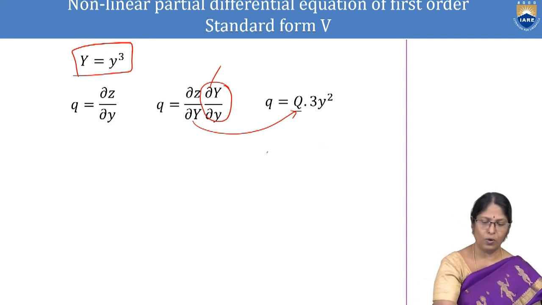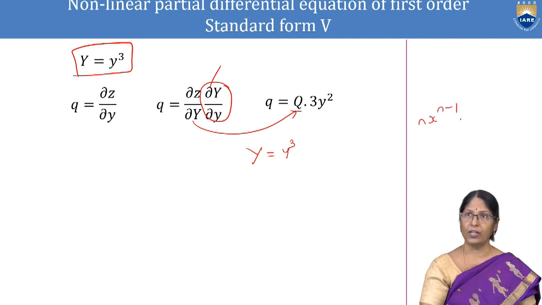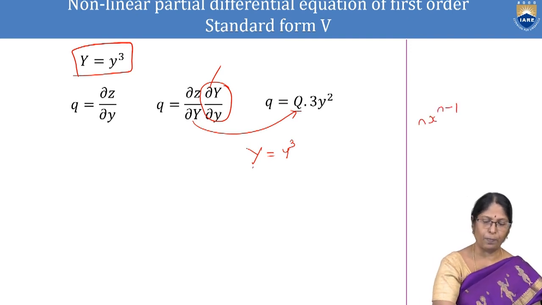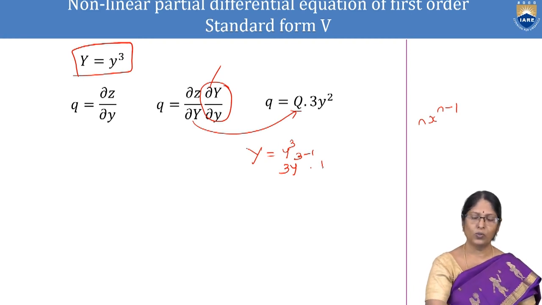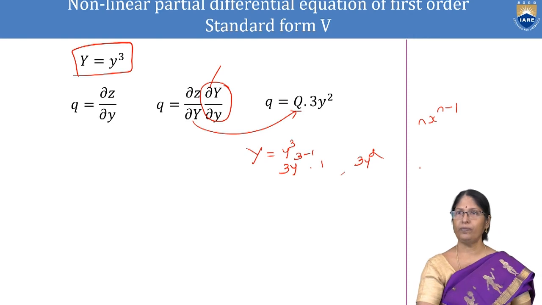So now capital Y equals y cube. The formula is n into x power n minus 1, so we will apply it: 3y to the power 3 minus 1, into y differentiation is 1. So we get 3y square.